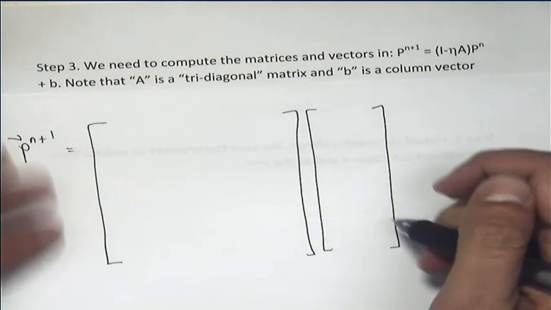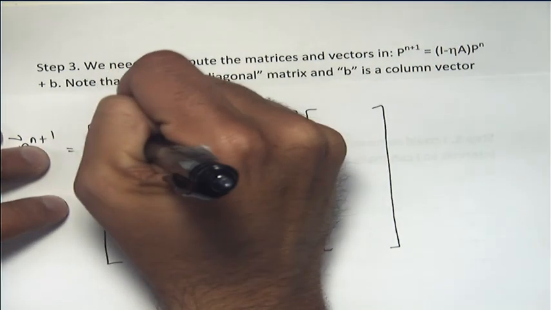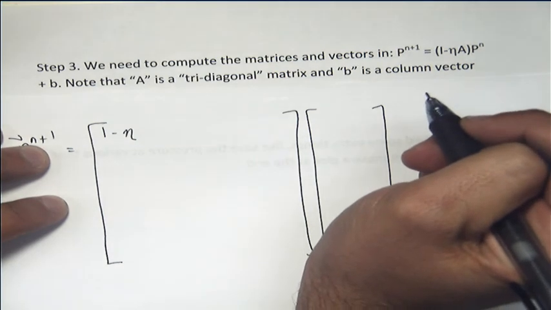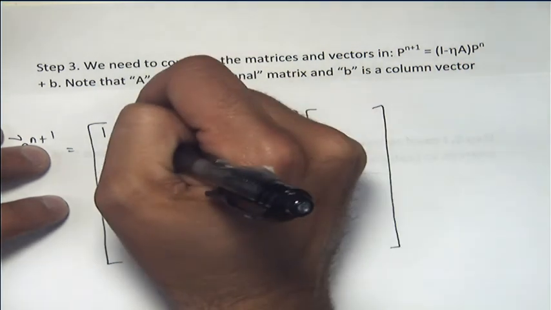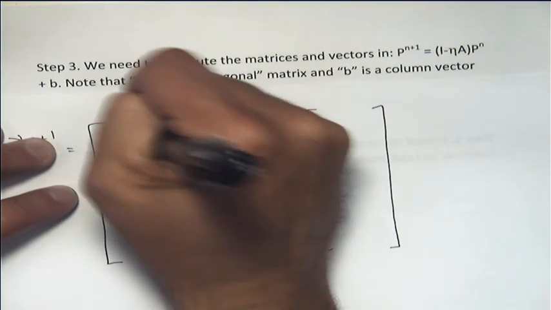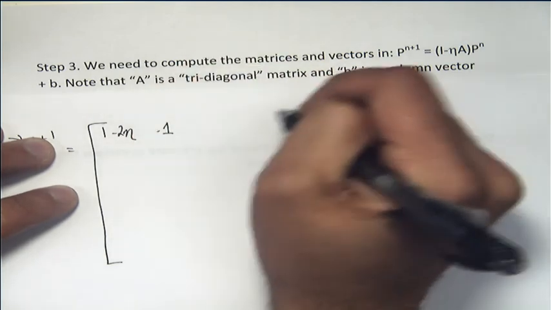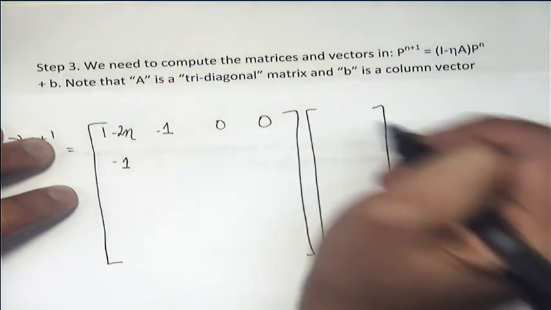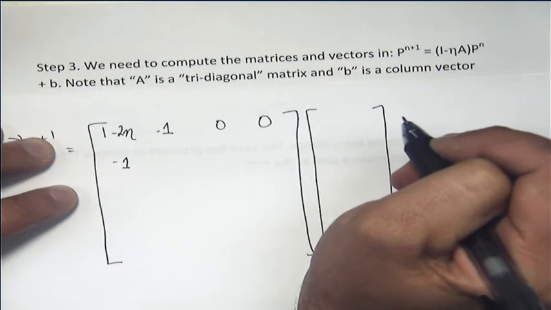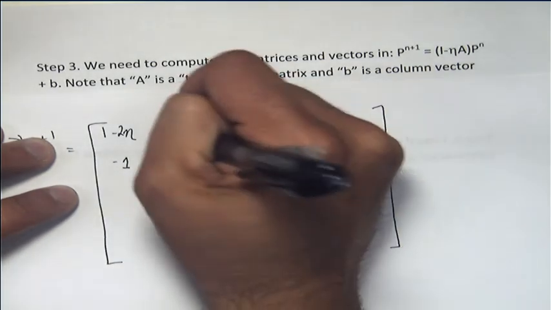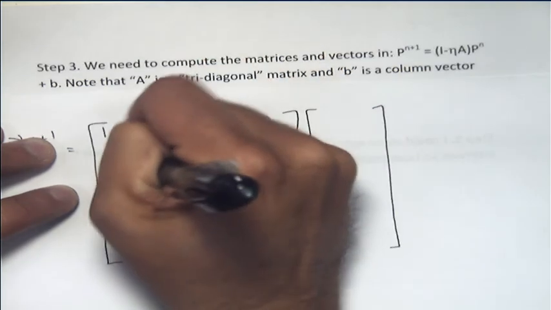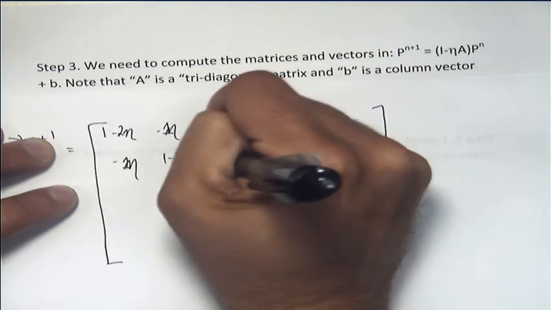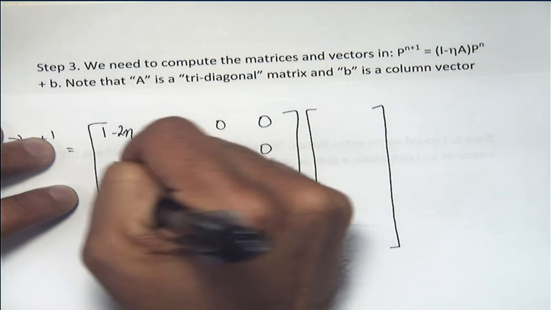Excel. We're going to set up a matrix where this is 1 minus eta times 2. It's going to be something like this.